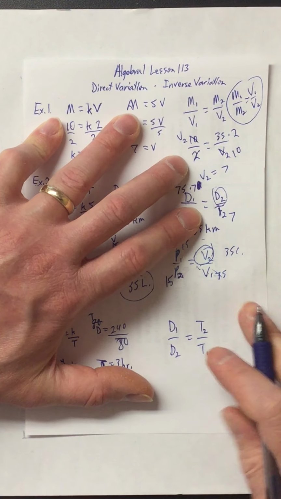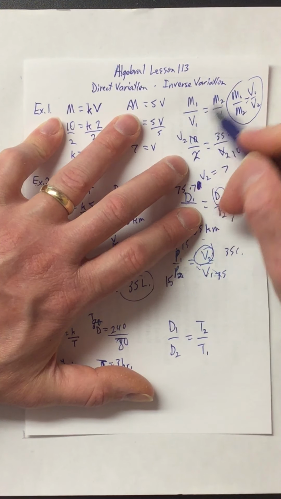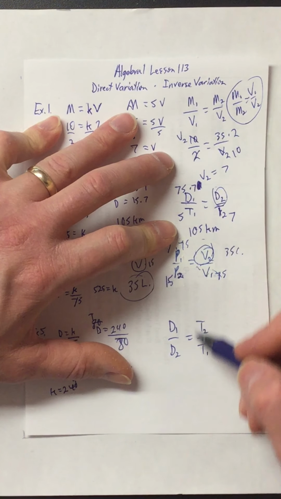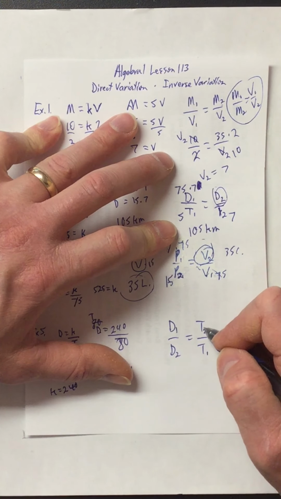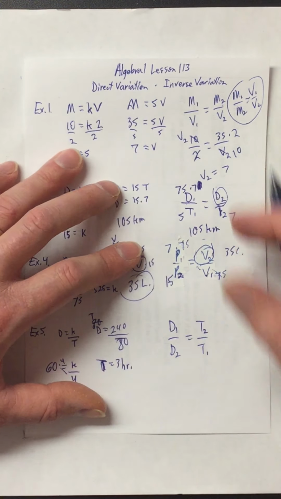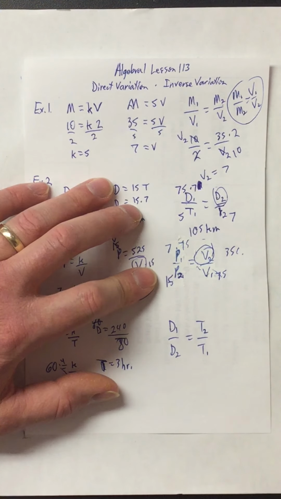That might be a better way to remember it, and you'll get the same answer because you're just cross multiplying. You take that same setup and just flip. Instead of having the ones lined up on the top, you flip it because it's inversely proportional, just like you have the fraction over here.